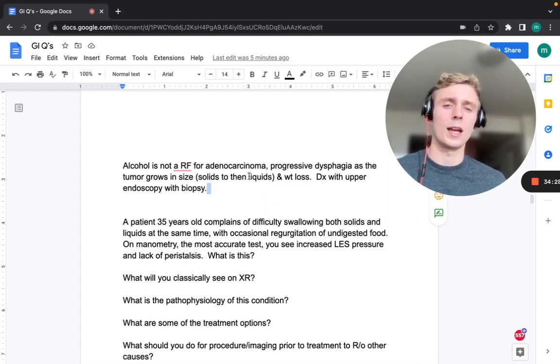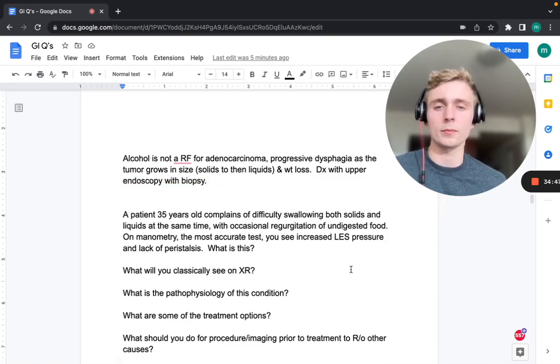So progression from solids to then not being able to have any liquids go through at all. So that's when the tumor grows in size, and those are the classic symptoms of esophageal cancer. And of course, you want to do upper endoscopy with biopsy. Go in there with an EGD and take a sample of that tissue.